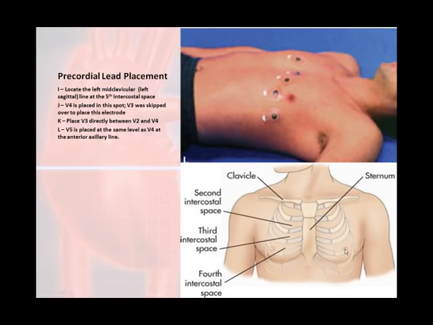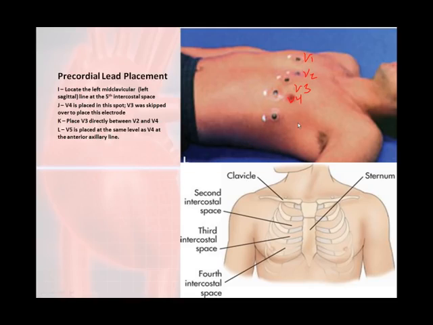Now V5 is actually placed at the same level as V4. So here we have V1, V2, this is V3, V4. Now from here, I'm just going to place these in a direct line in this direction. I don't curve up, I don't curve down, it's in a straight line, V4, V5, and V6.